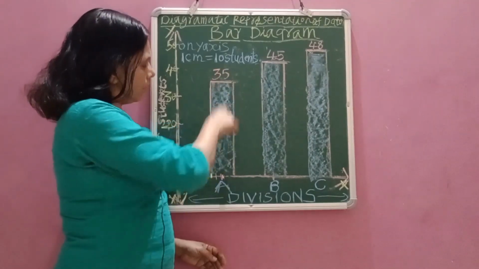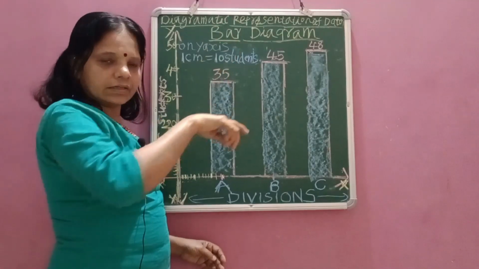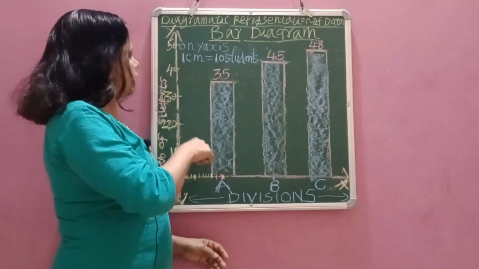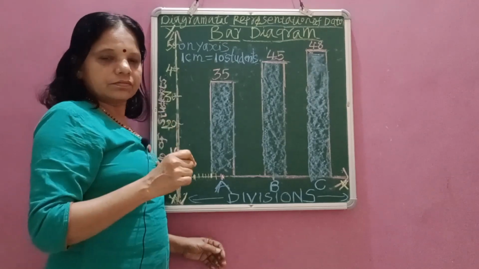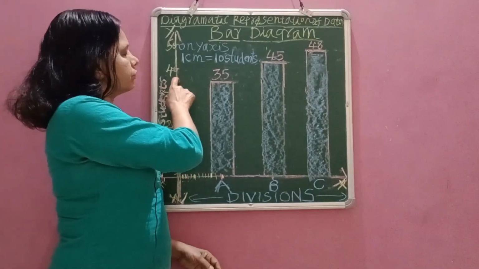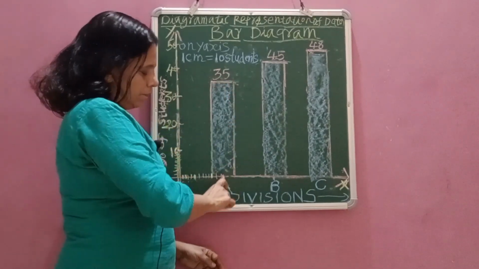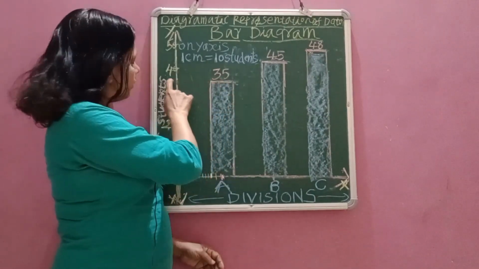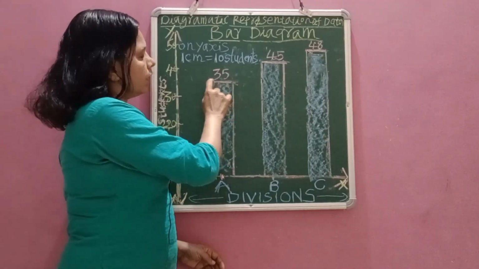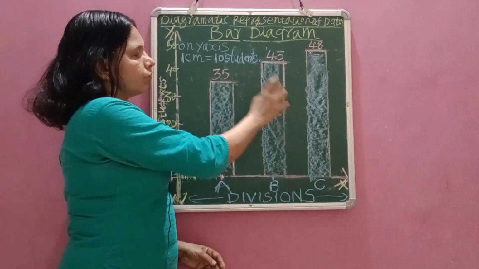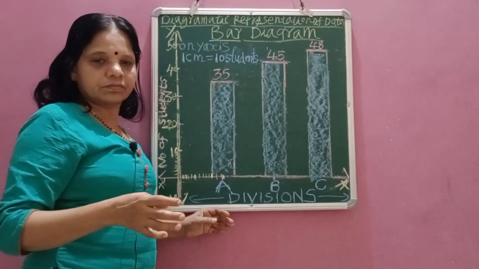Here is the height of the bar. How to draw the bar? The data is given: division A has 35 students. So at 35 you have to mark a horizontal line above A, from the 35th line. The horizontal line drawn for each bar should have equal width.